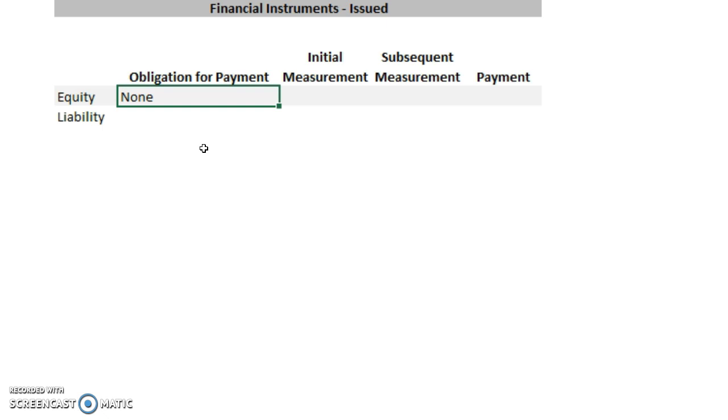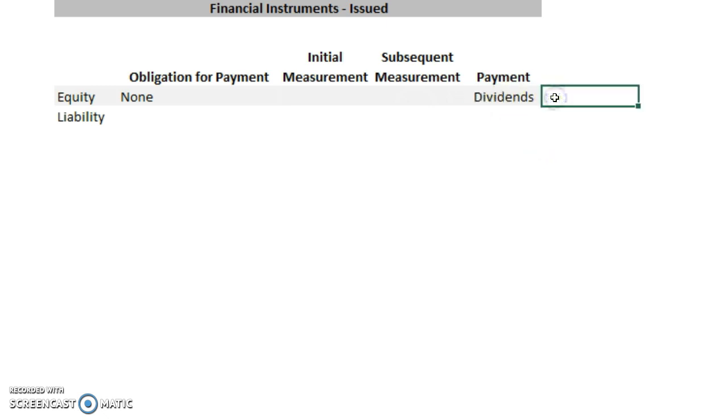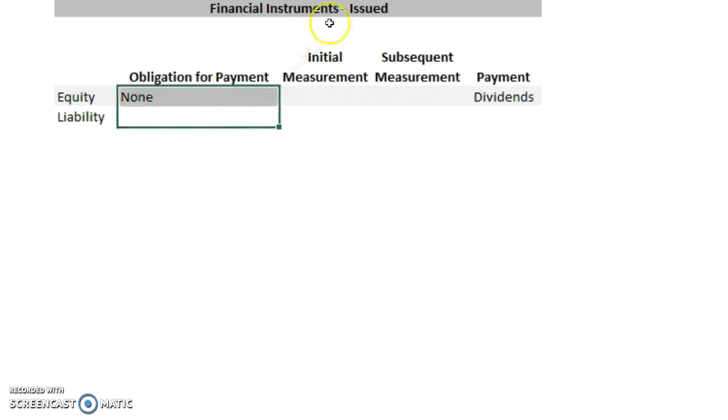It's an investment. The investor hopes money will come back, but there's no obligation to pay it back. If there is, it's paid back through the form of dividends, and dividends are wholly discretionary. Again, no obligation for payment, and that's the critical factor for equity instruments.